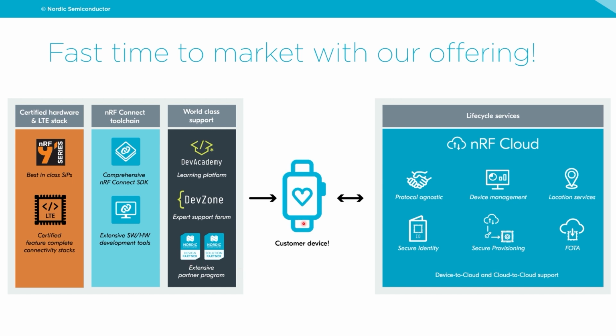So that takes you to your device, and then we have the NRF Cloud providing the lifecycle services to allow you to deploy and maintain your device faster. So device management services, location services, secure identity, and provisioning. This allows you to provision your devices out in the field through NRF Cloud and also firmware over the air.